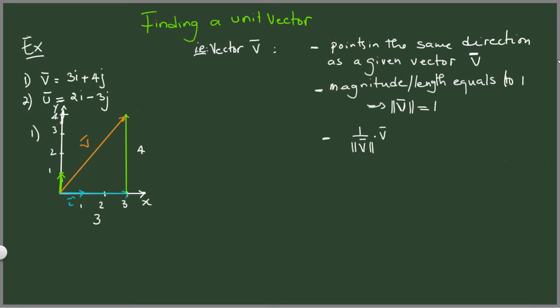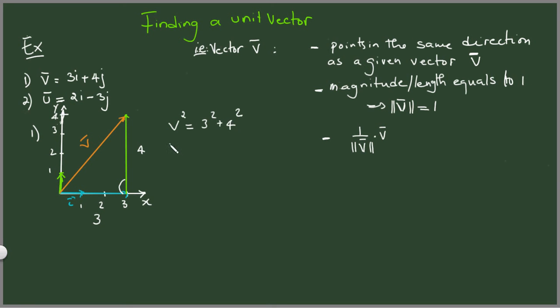As you can see, by Pythagoras, this is a right angle, 90 degrees. If you want to find the length of v, the magnitude of v, then v squared equals 3 squared plus 4 squared.